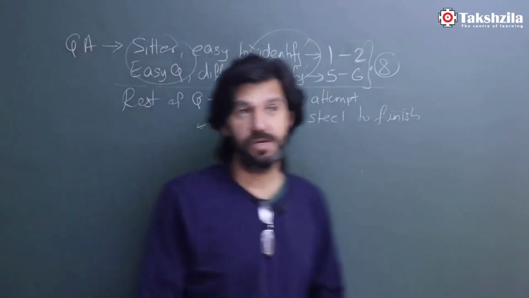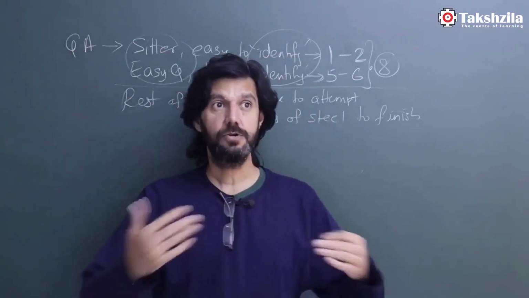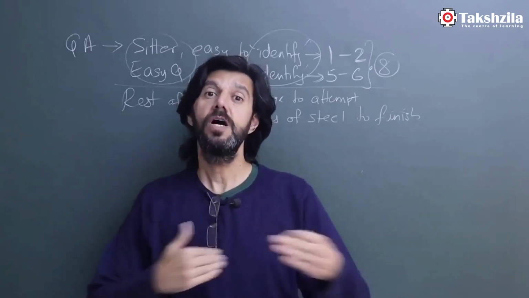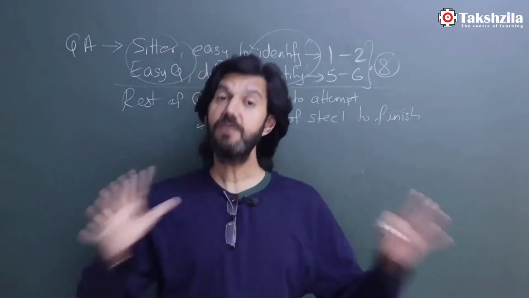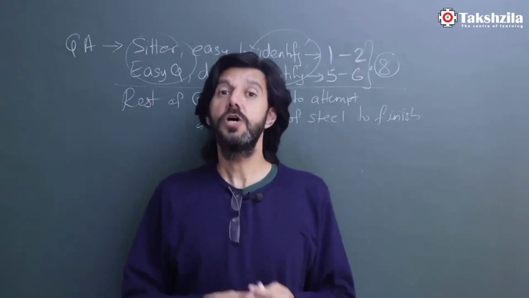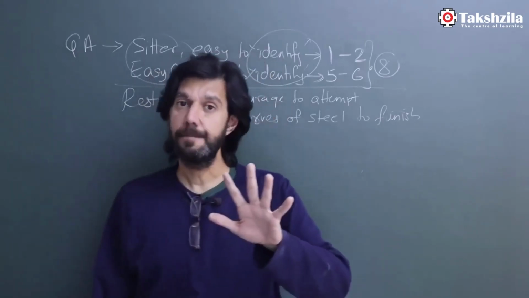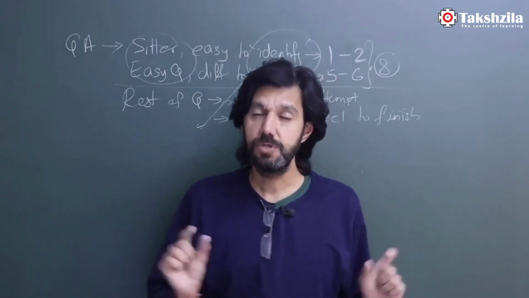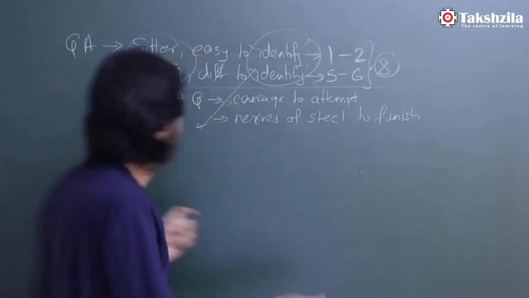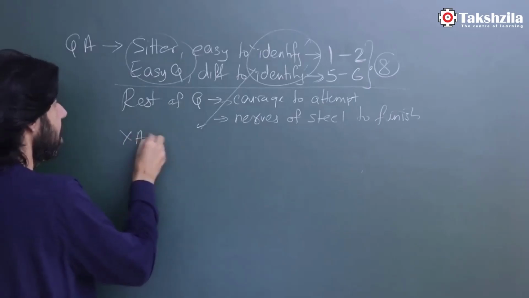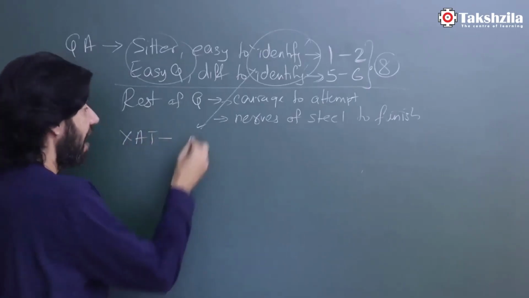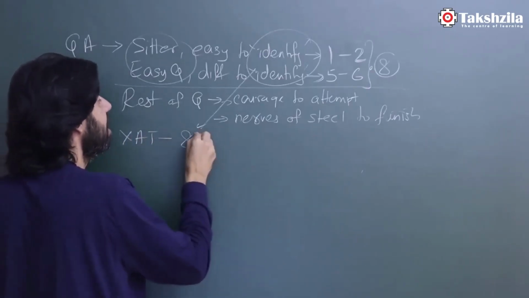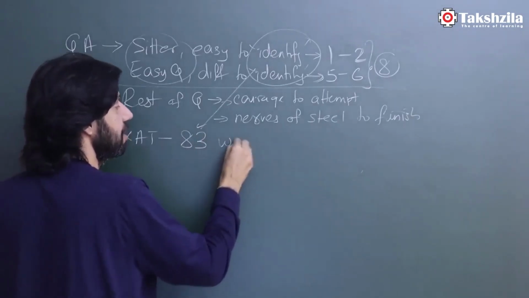All of us used to think that XAT questions are far more lengthy. They have far more data than CAT questions. So to confirm that, we counted the number of words used in the questions for CAT and XAT. And what is found is, for XAT, on an average, you have 83 words per question.